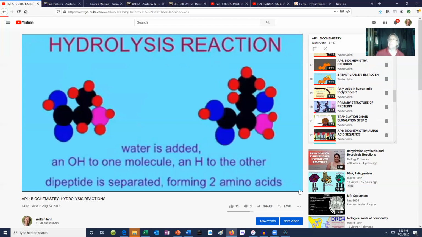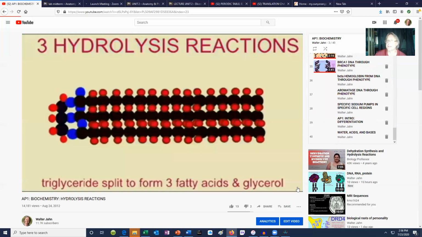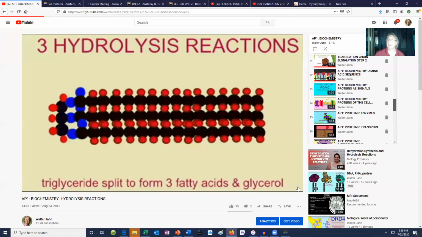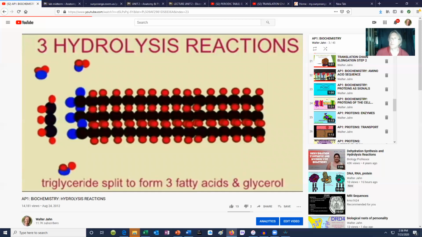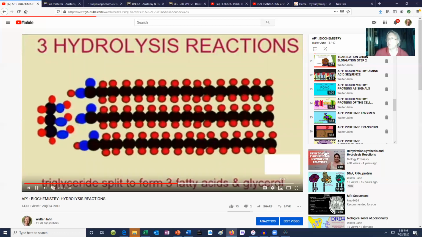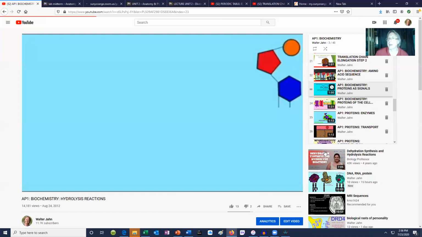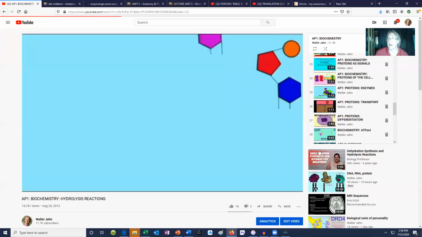Now, amino acids, there are 20 of them, and knowing which ones are reacting is important because there are differences between them. That's perhaps a little bit beyond the level at which we need to look at these structures.